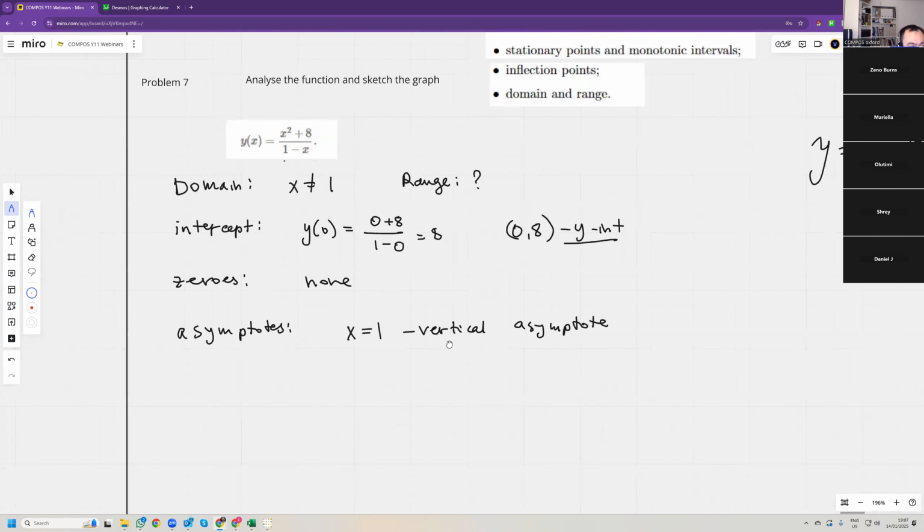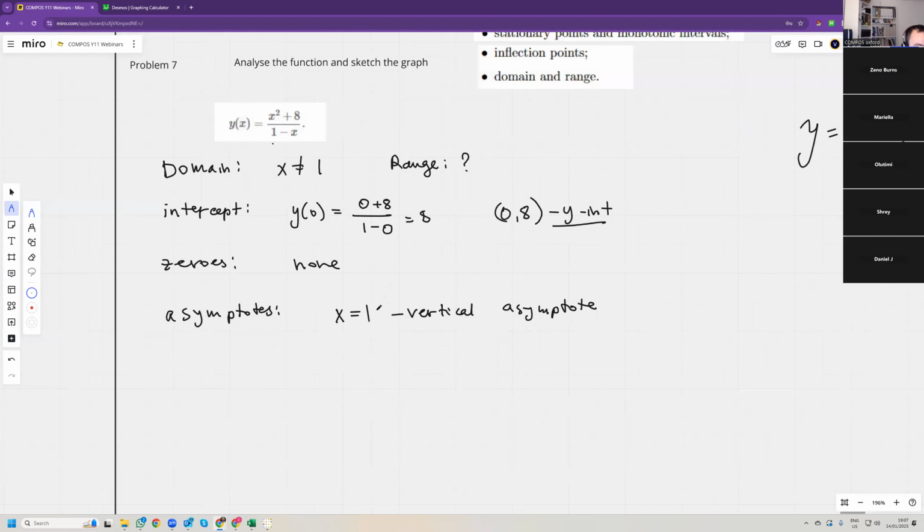Okay. Now, I can find the slant asymptotes. To find the slant asymptotes, I want to simplify this. So I can write y equals (x squared plus 8) divided by, well, (x minus 1). Well, let's do it like this, minus x minus 8. Okay.